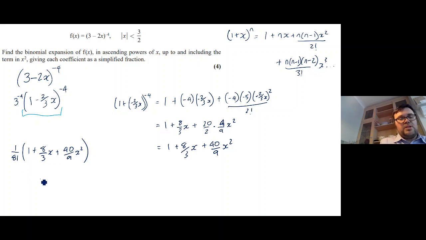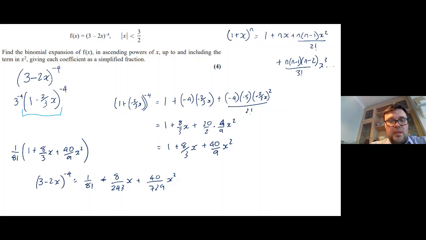So we have our expansion of (3 minus 2x) to the minus 4: 1 over 81 plus 8 over 243 x plus 40 over 729 x squared. And there you go, it's done in full. I think the fractions are simplified. If they're not, if you put them into your calculator, then it'll simplify them out for you. And there's your answer. Next one.